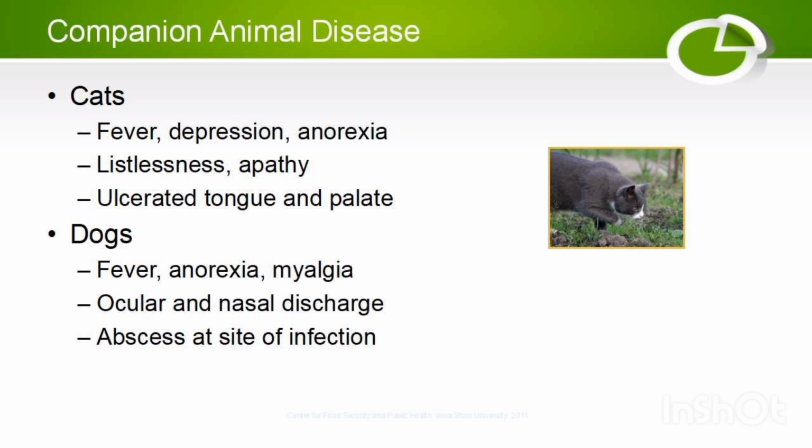Dogs are considered relatively resistant to the tularemia. When acquired, it is typically through the ingestion of an infected rodent. Signs reported include fever, ocular and nasal discharge, abscesses at the site of infection, uveitis, and conjunctivitis.